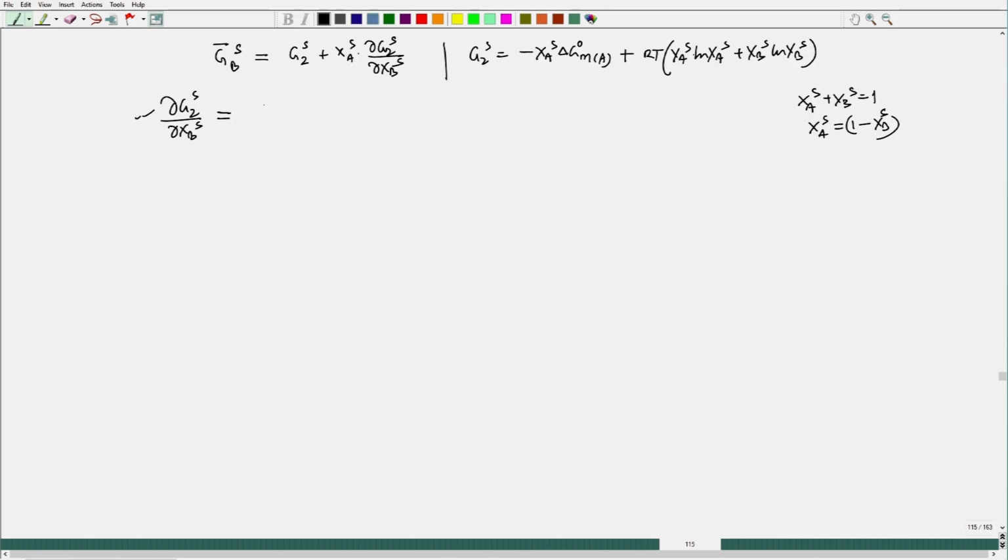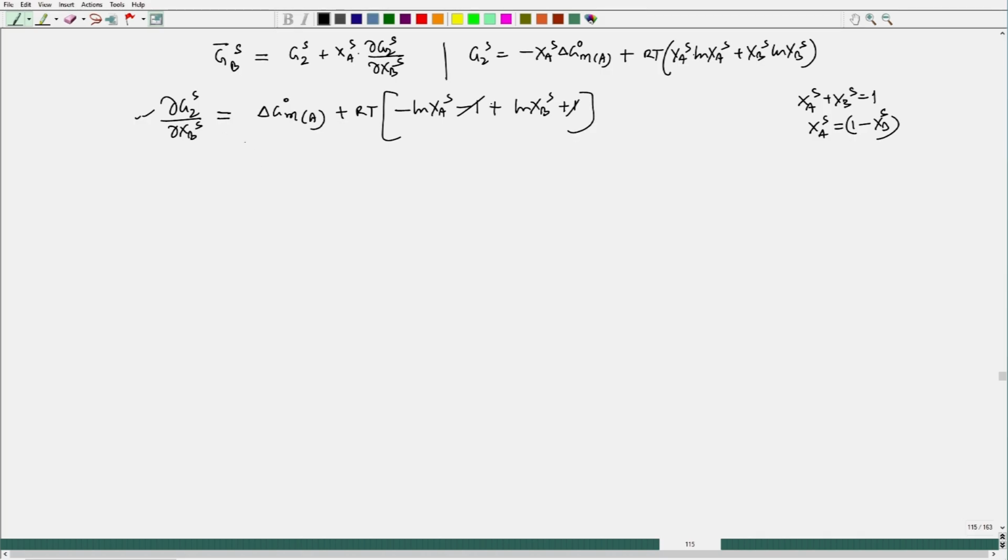If I do that, it would come as delta G naught M A, which will come positive, plus RT times negative ln XA solid minus 1 plus ln XB solid plus 1.